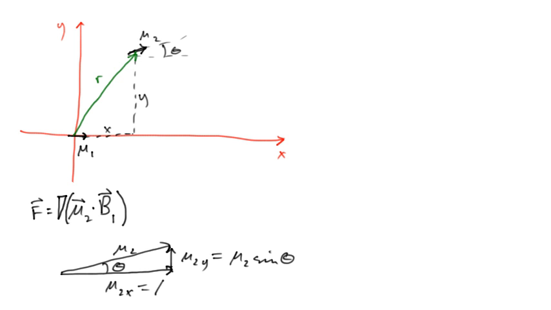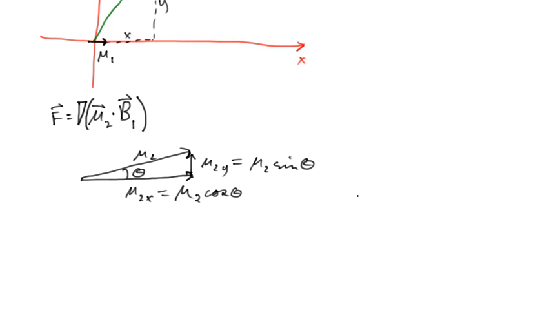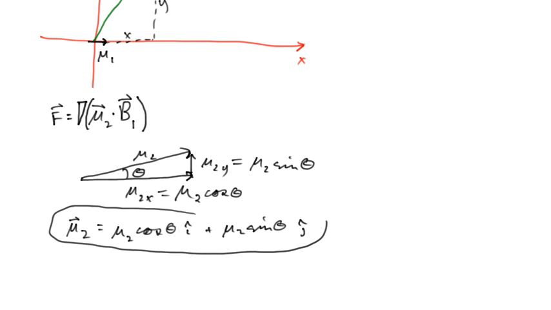Multiply both sides by mu2, then we get that mu2x is mu2 times the cosine of theta. So mu2, the vector, is mu2 magnitude cosine of theta times i hat plus mu2 sine of theta times j hat. Alright, I think we're going to need that later on. Definitely going to need it.